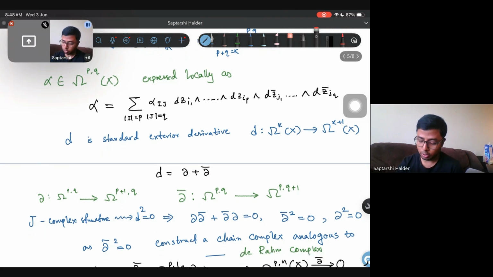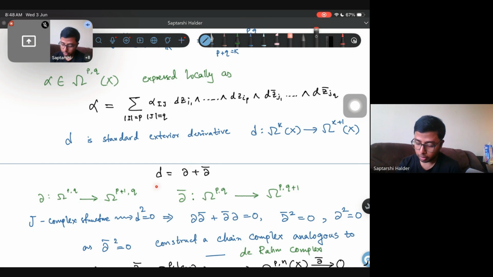Now here, d can be split into two parts, this del part and this del bar part. The del bar part corresponds to the derivative with respect to z_j bar, and the del part corresponds to the derivative with respect to z_j.